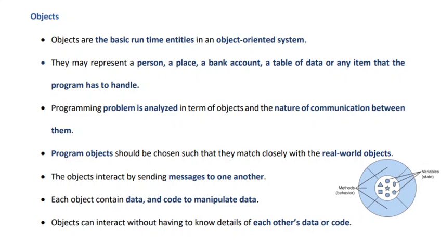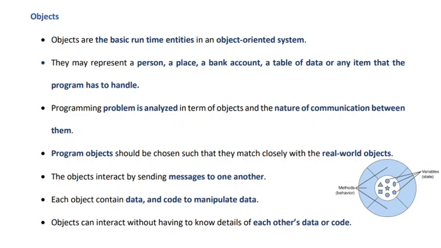Now in case of an object oriented system, the problem is always analyzed in terms of interacting objects, right? So you need to remember that in the object-oriented paradigm, the problem is always analyzed in terms of interacting objects and the nature of communication between them. The nature of the communication between them is through message passing. So two objects interact with each other by passing messages.